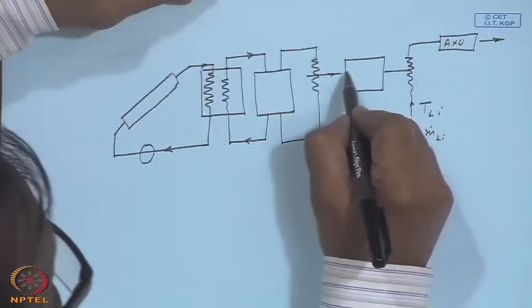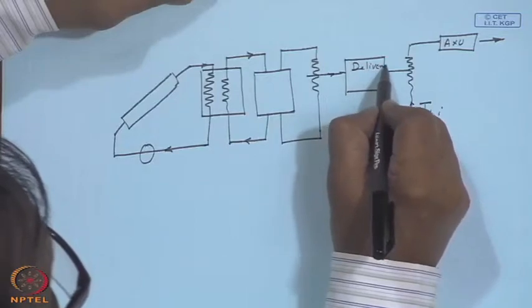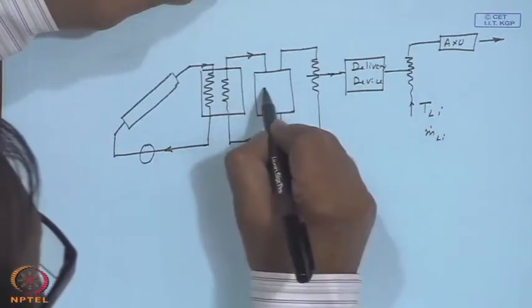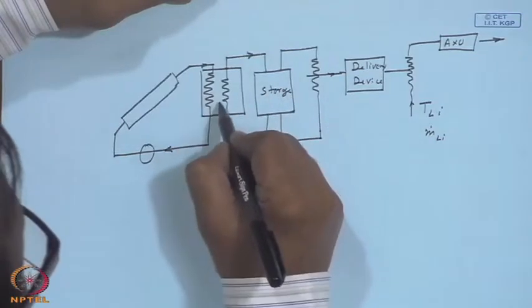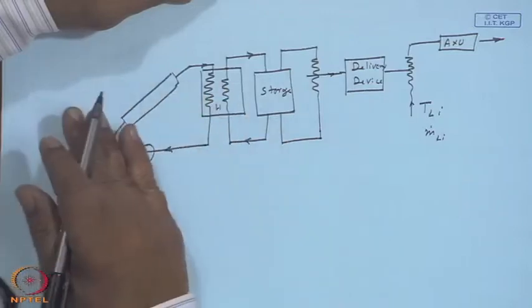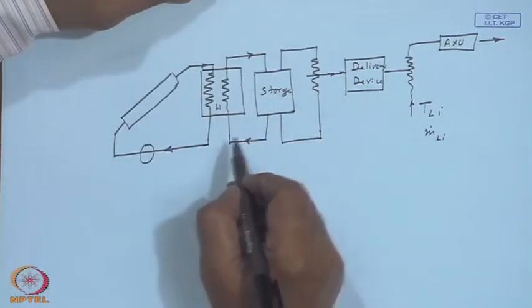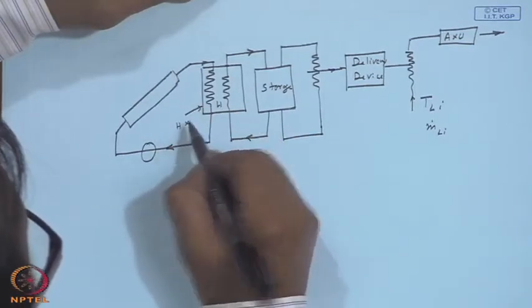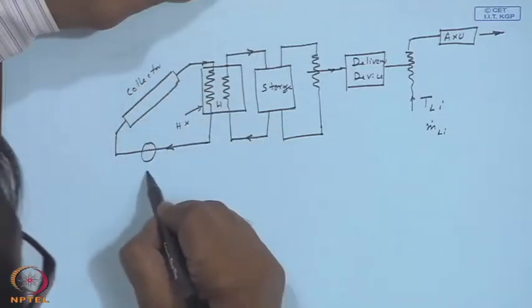This is sort of a delivery device. This is your storage. This is a heat exchanger which separates the collector loop from the load loop, and you have here a heat exchanger HX, collector and a pump.